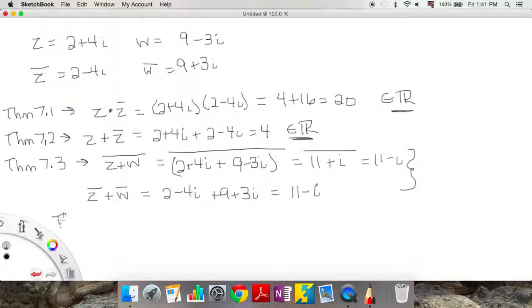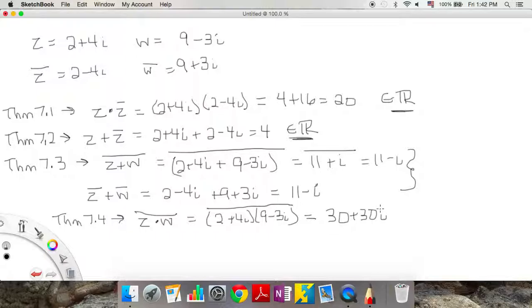Same thing works for multiplication. If we have z times w and then take the conjugate, we have 2 plus 4i times 9 minus 3i, and then we'll take the conjugate of that, and we end up with 30 plus 30i if you multiply this all out.